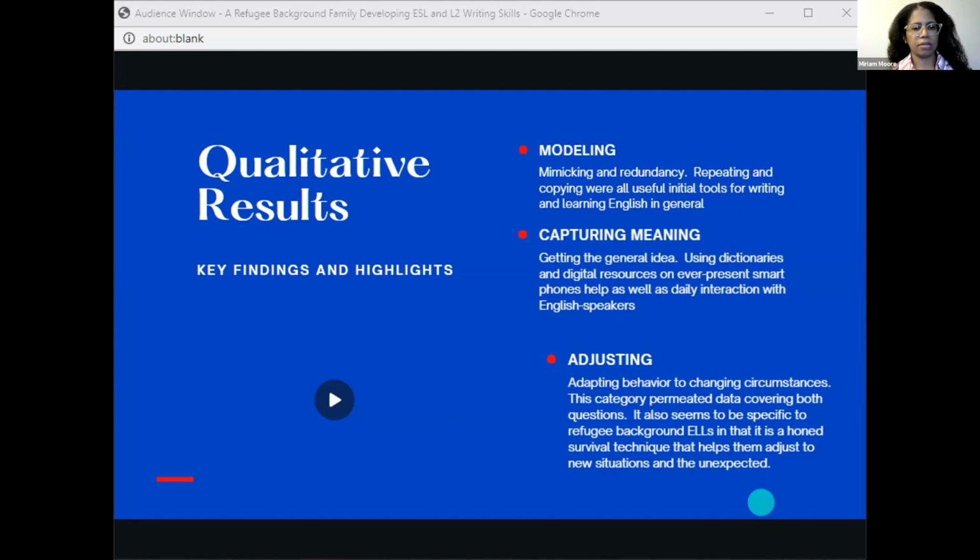So those are examples of the results, but let me give you a complete overview of all the different features of their writing development here. These are the definitions of these terms. Individually, they provide a deeper understanding of refugee background learners' challenges and how they may navigate learning English.